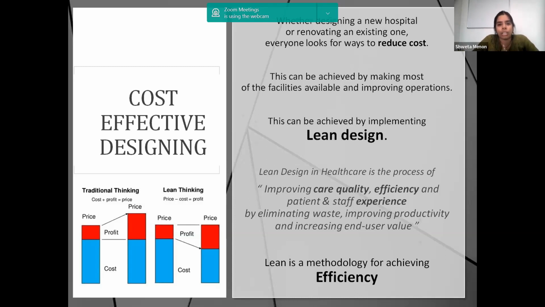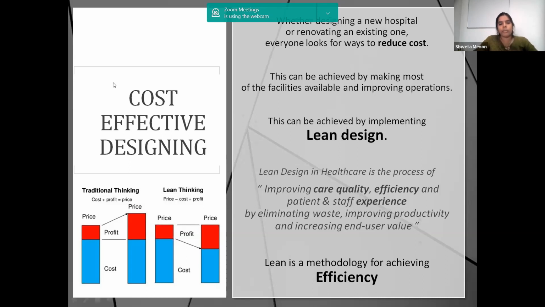That is basically your customers, which is the patients coming. Their experience through the facility is what our target is to make sure that a facility succeeds. So basically, lean is telling you that your design has to be efficient. Efficiency is the route to this success.